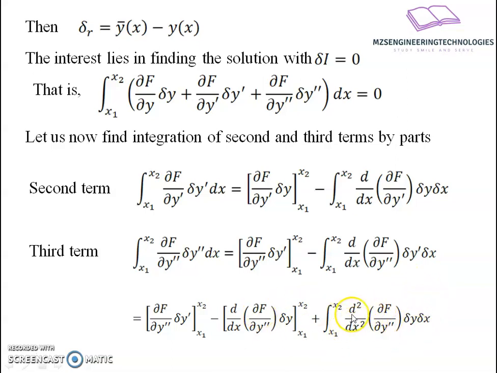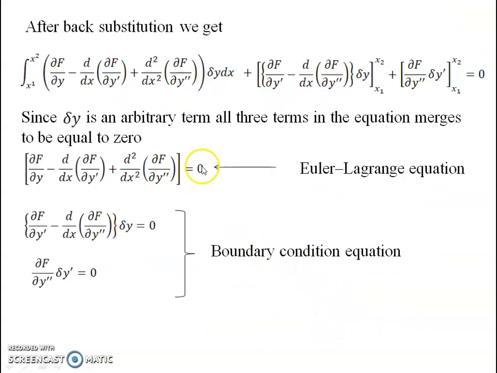So what we are getting here is the second derivative and first derivative of the same equation, and we are interested to know about the solution of this. If I substitute back and collect the terms, I will get the relation like this: the integral from x1 to x2 of (∂f/∂y minus d/dx of ∂f/∂y' plus d²/dx² of ∂f/∂y'') multiplied by δy dx, plus another bracket.